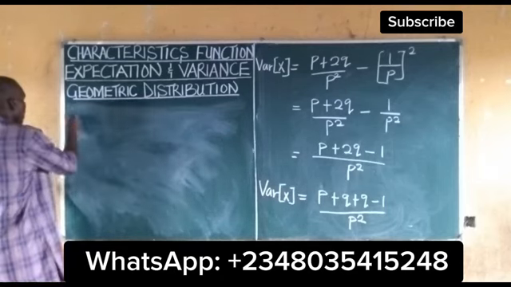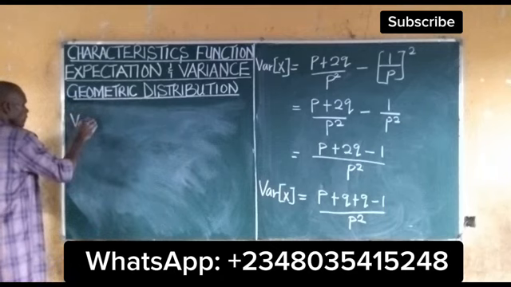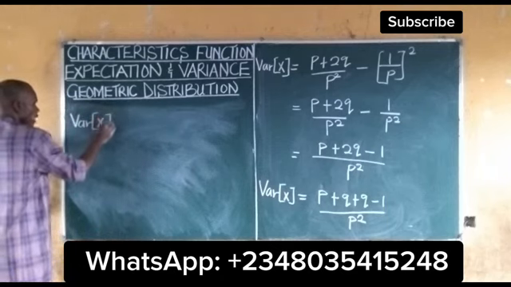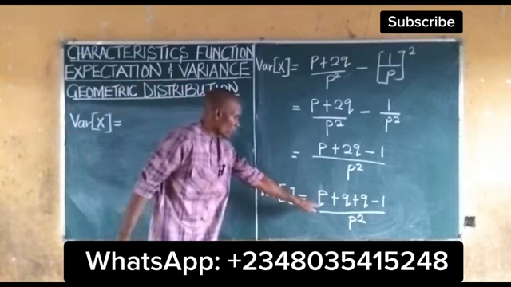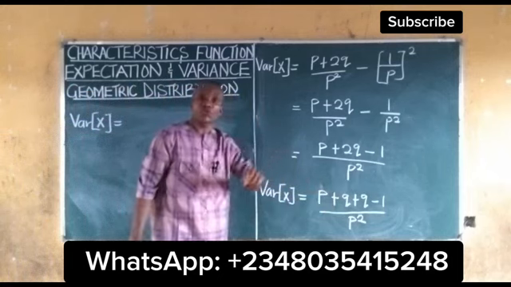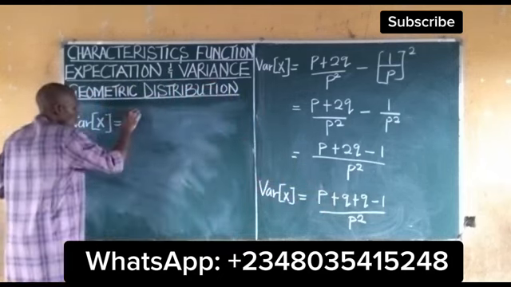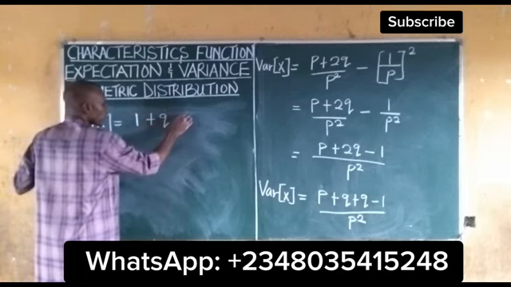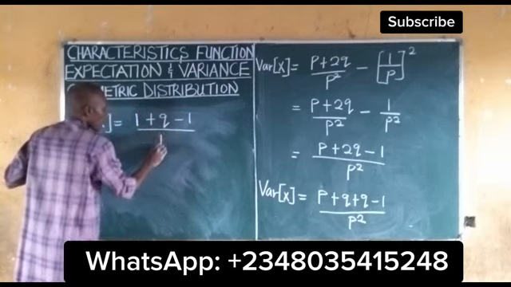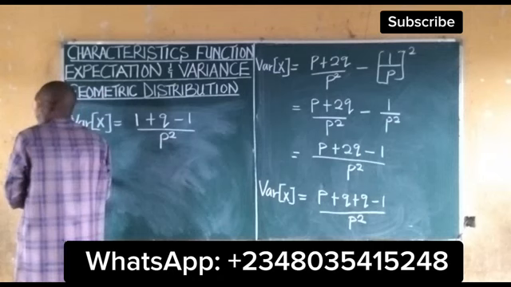So it means that our variance of x is equal to, now from probability, we know that p plus q is equal to 1. So we have that 1 plus q minus 1 all over p squared.